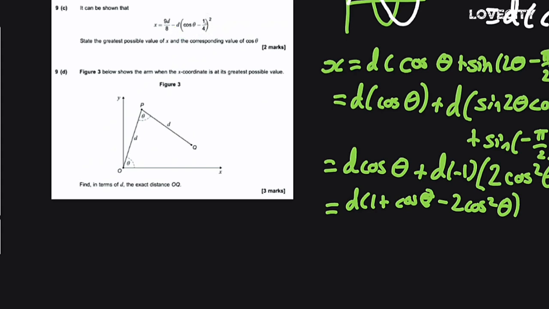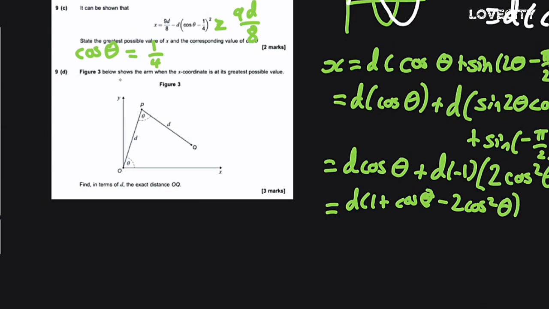Well, it's bounded upon 0. This is a square number. Square numbers, the smallest they can be is 0. So this is less than or equal to 9d over 8, because that's what happens when this part here is 0. And that's 0 when cos theta is equal to a quarter, or when cos theta minus a quarter equals 0. So that's the logic behind that part.